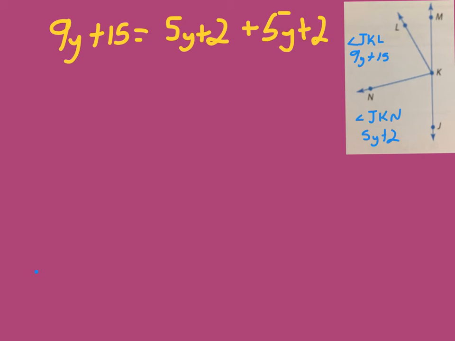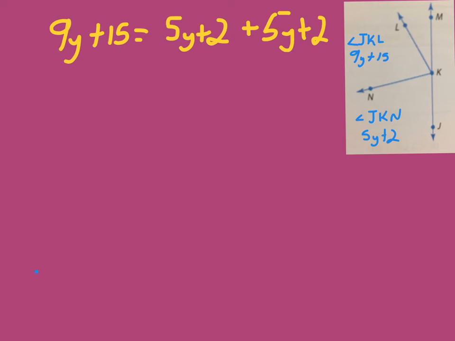Here's where I got it from. JKN is 5y plus 2. KN is an angle bisector. By definition, since it's a bisector, the other side has to be equal. If this side is 5y plus 2, then this side has to be 5y plus 2. And when you add them both together, you get the whole big angle, or 9y plus 15.